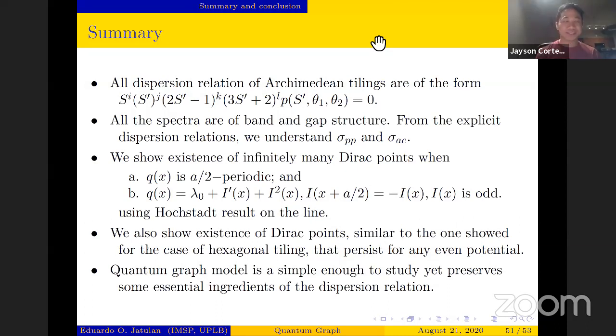Siguro one question is, aside from yung graphene structure, saan pa pwedeng makita yung application nito, yung study mo about tilings? Actually, quantum graphs has many applications. We started with just mathematics for quantum graph itself.